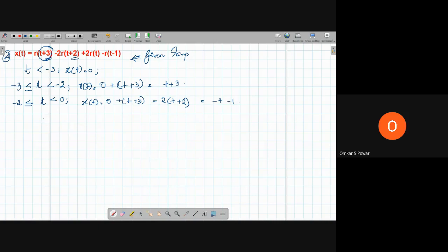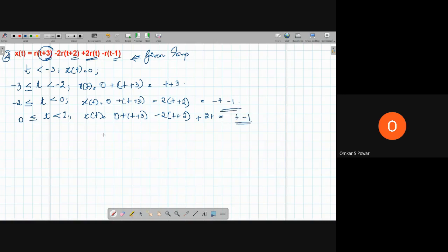Then t is greater than or equal to 0 but less than or equal to 1. x of t is equal to 0 plus t plus 3 minus 2 into t plus 2, then plus 2t, which is equal to t minus 1.